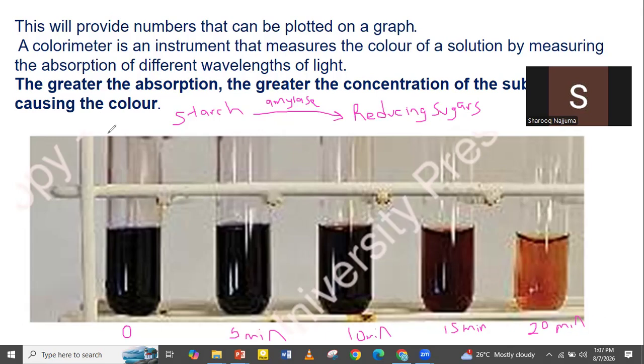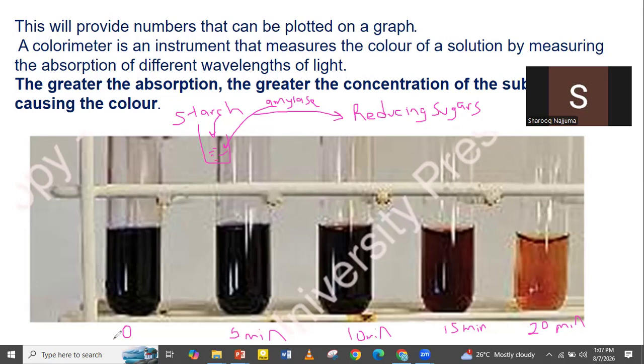So they could have a sample where we have the starch and the amylase mixed and the reaction is going on. But at different time intervals, they could pick off a sample from the reaction mixture and test for the presence of starch. Now you can see in this case, we are just having color changes.